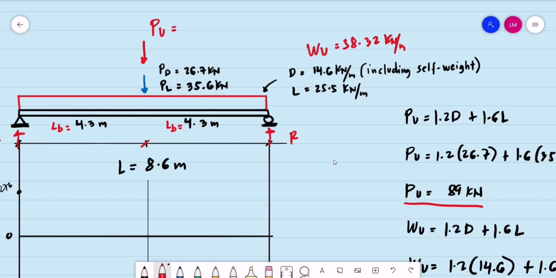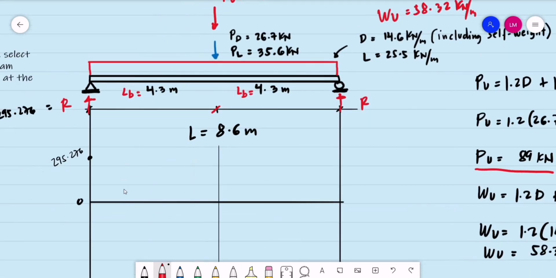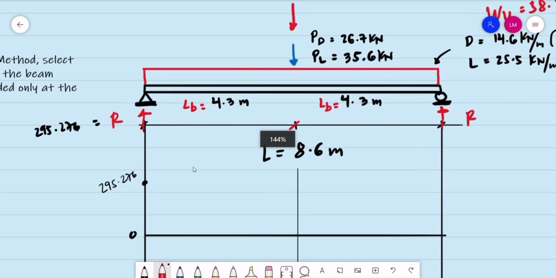And our P sub U is equal to 89 kilonewtons.